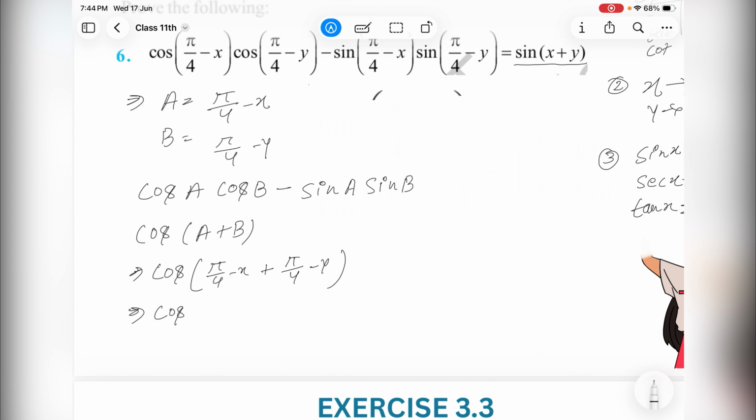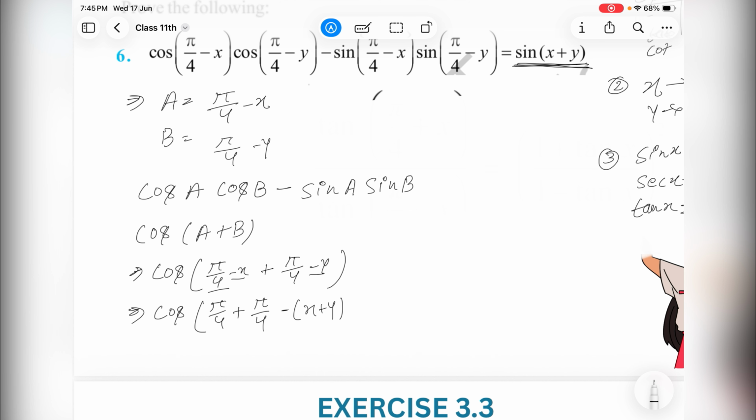In my mind I have kept that I have to prove sin(x plus y). So I can write this as pi/4 plus pi/4, and the minus x and minus y can be written as minus of x plus y.